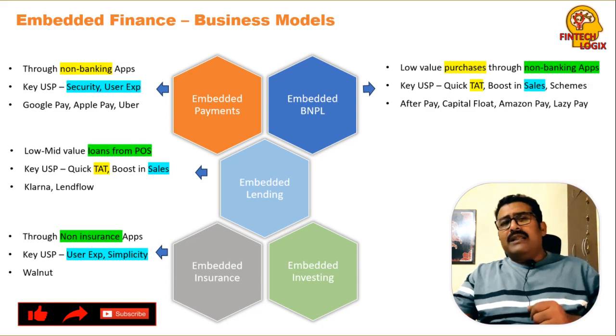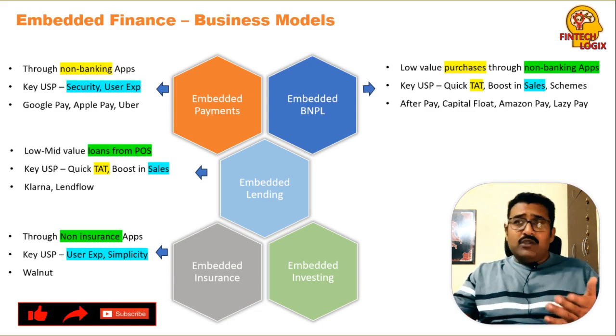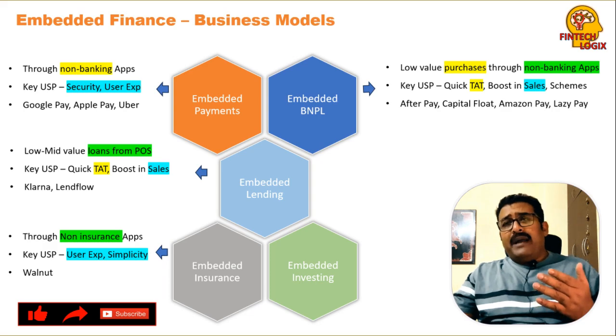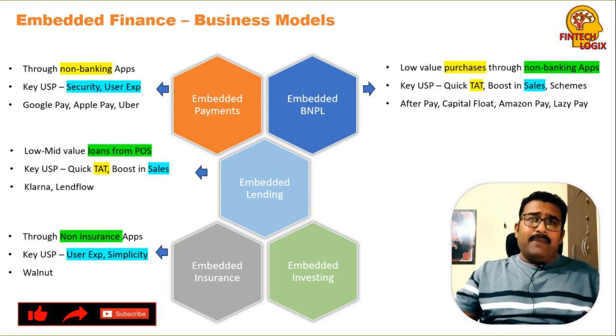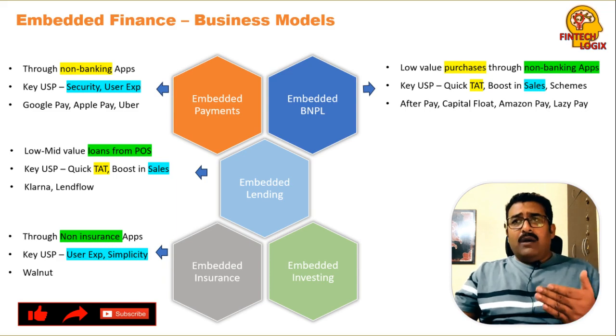The next one in this aspect is about embedded insurance. By this what I mean is that these are non-insurance apps, like your Walnut, or sometimes your motor vehicle apps, also motor servicing apps. These are also initiating insurance for the customer.